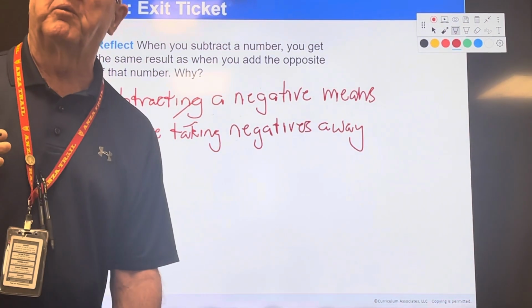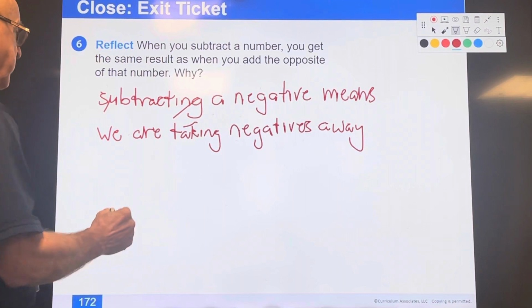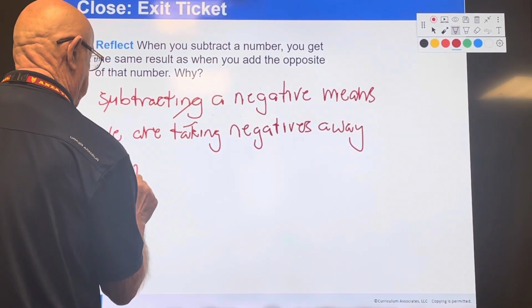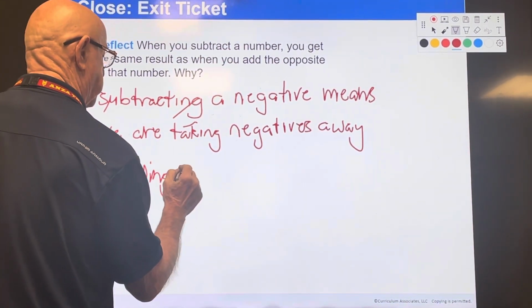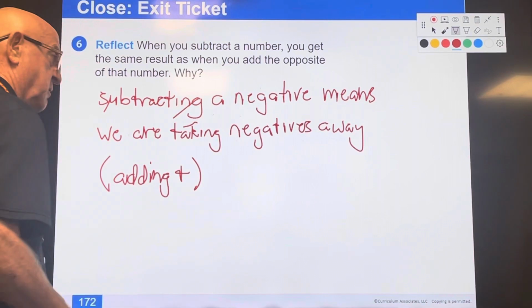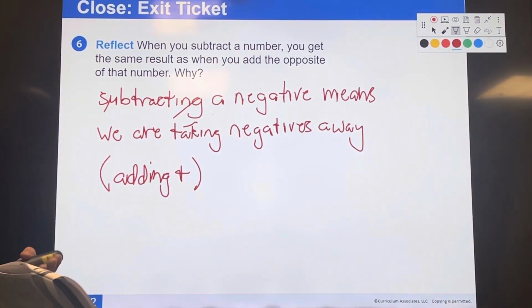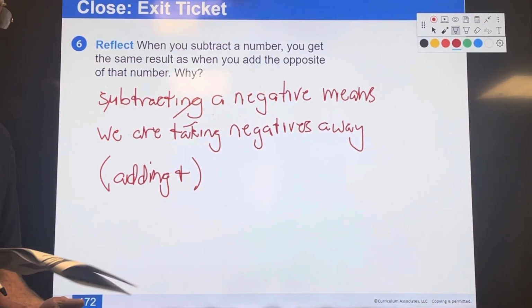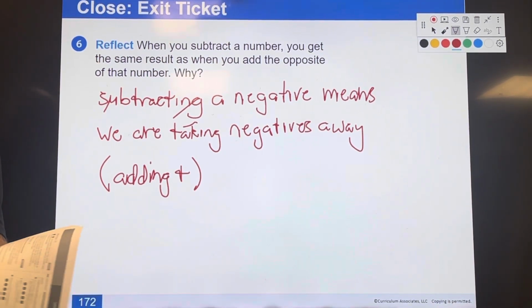Another way to say taking negatives away is adding positives, right? In parentheses, we'll say adding positives, all right? Any question? Why is that? Well, because if we're subtracting a negative, that means that negative is going away. And when that negative goes away, it leaves a more positive answer.